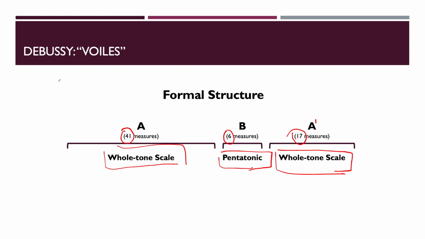For example, in a conventional sonata form, we have an exposition. And exposition is always repeated, played twice. And then comes the development section and recapitulation.